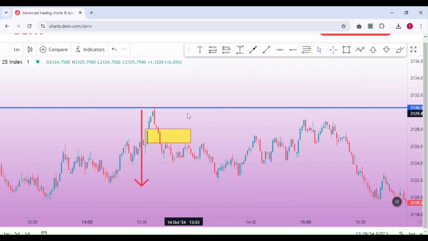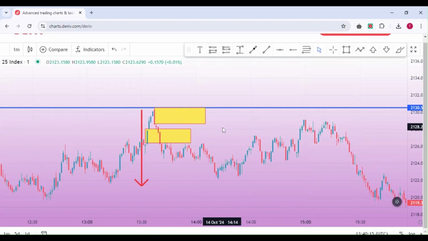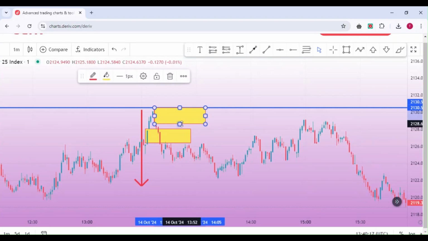So just look at how it went. This candlestick has been engulfed completely by this one. So this is a complete good order block to enter that market. Reason being, I've talked about this before, how the order blocks should be identified.